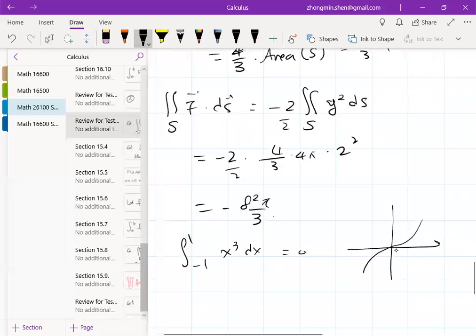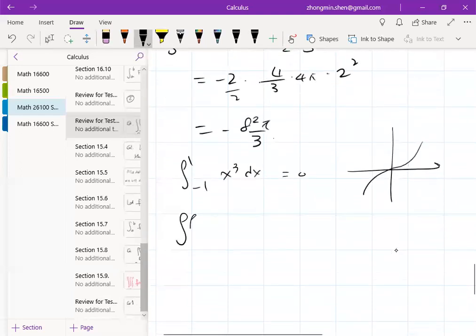But then for the sphere, it's the same story. If this is a sphere, then as long as you see x cubed, something like that, and you can put a z there, it doesn't matter. Okay, ds, that's going to be 0. Why?